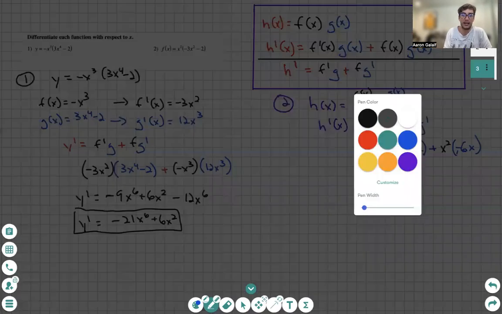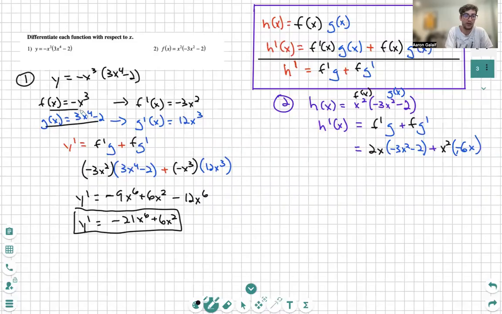Again, we can write them out, write their derivatives, and plug and chug all those values to make it a little more systematic. Or we can just go for it. If you are comfortable with seeing it as is, we can just go: x squared derivative is 2x, keep the g, keep the f, derive the g. And we know the derivative of this g is multiply 2 times 3, negative 6x, the derivative of negative 2 is 0, and that's it.